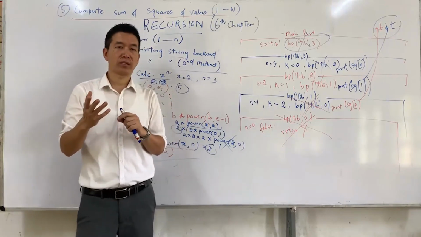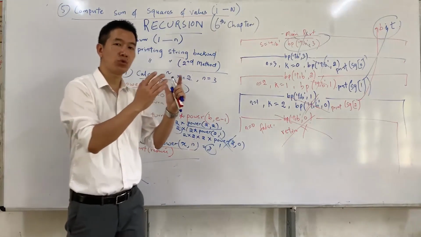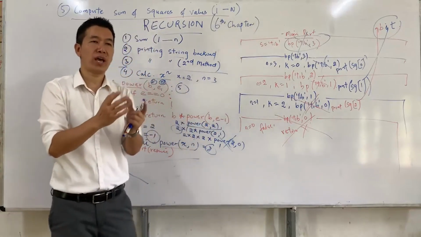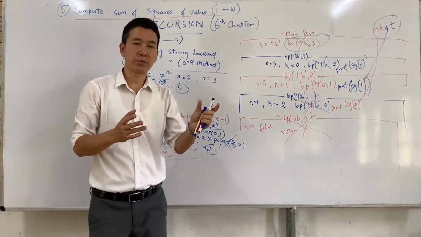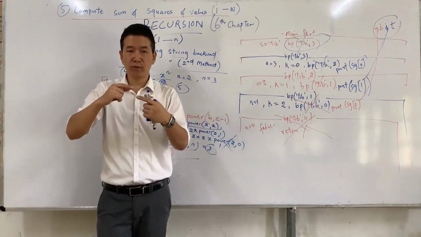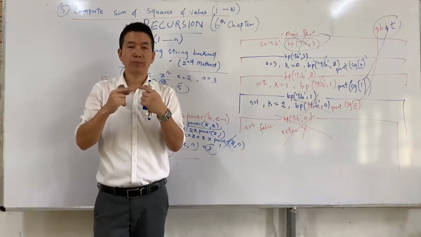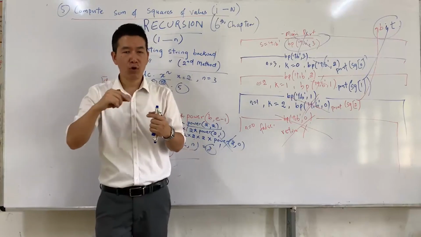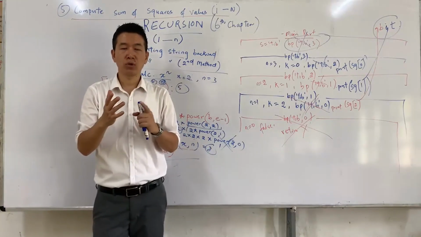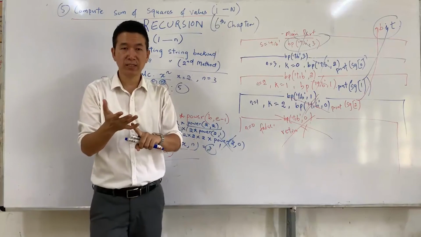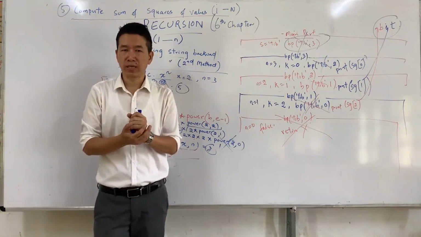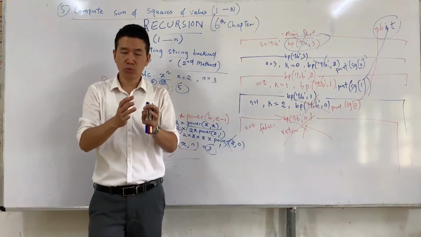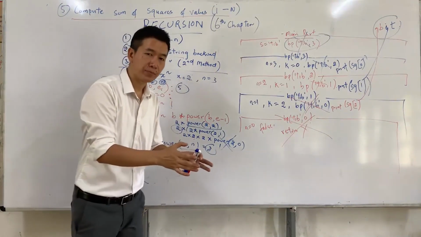The first one is you should have the recursive situation, and then you should also have the base case. Recursive case means there should be a situation where the function is calling the same function, the function itself over and over again. That's what we mean by recursive case. And then what is even more important is the base case. Base case is a situation where the program will come to an end.